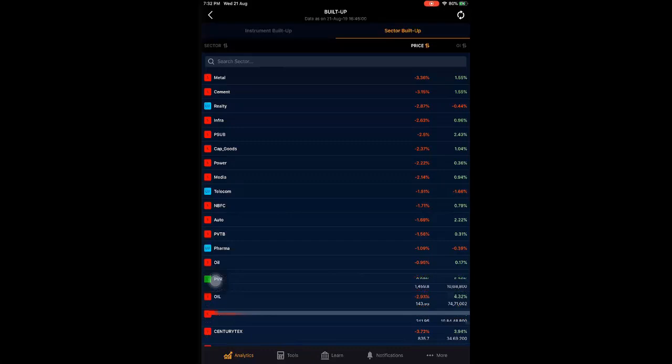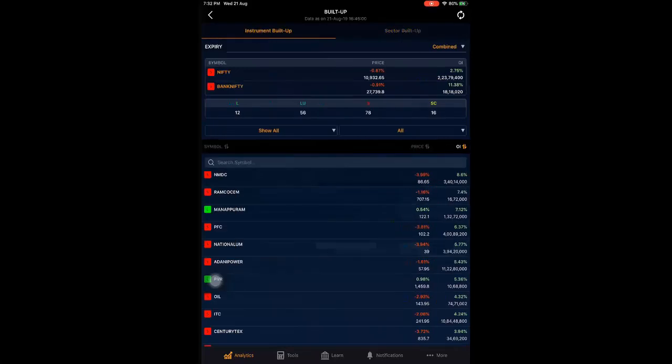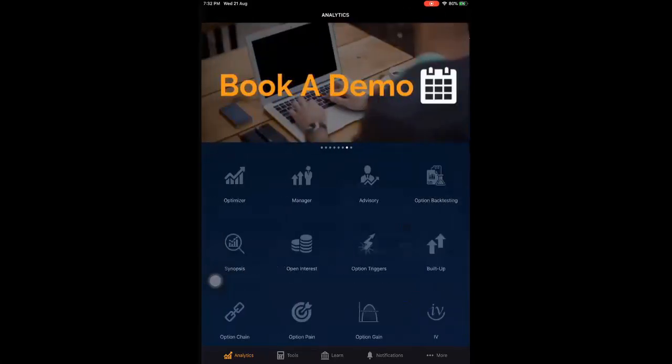So you don't have an index for cement, but we have derived it from the price and OI of the stocks. All the price and OI is based on our in-house research team analysis, which we use day in and day out. So build-up is basically a futures product, very important to start with.